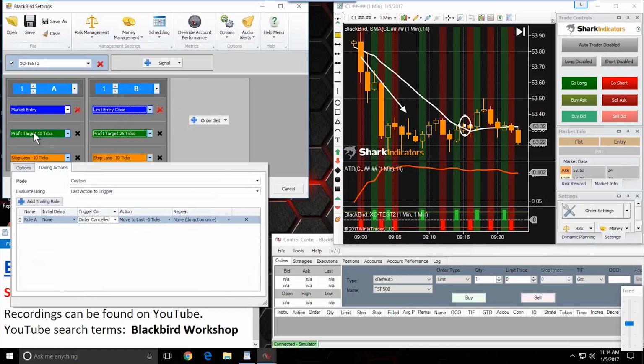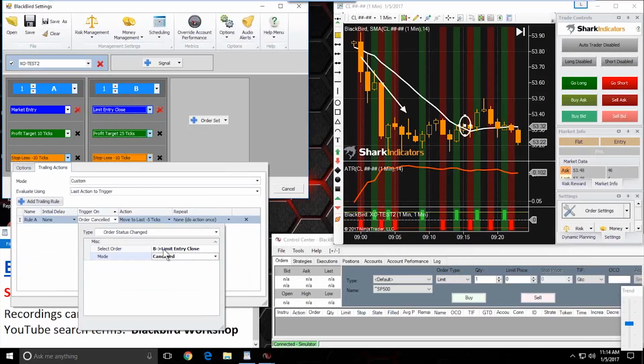Maybe you make it a larger profit target if your limit order never gets picked up. Maybe that's a more practical example of looking at an entry order getting canceled. All right, I think that kind of covers it.